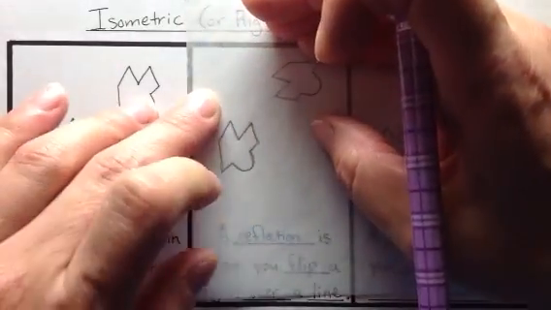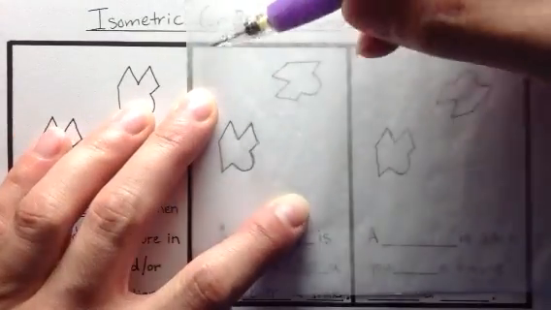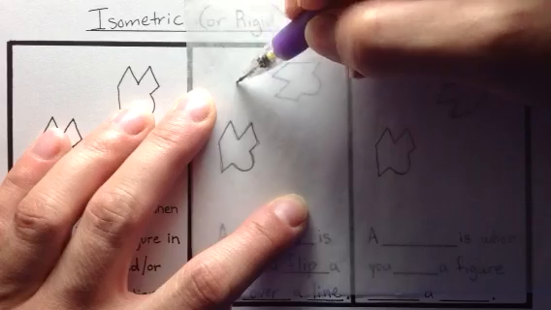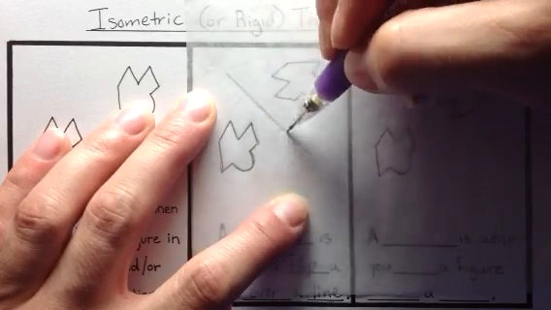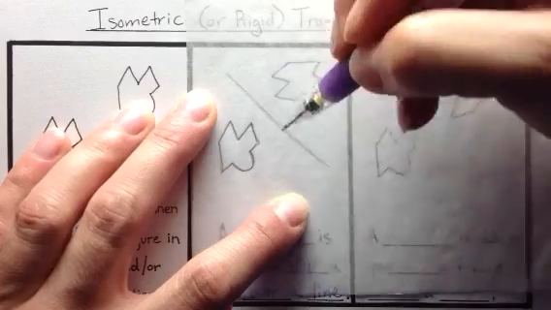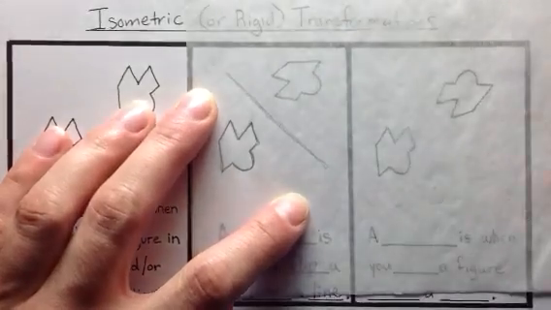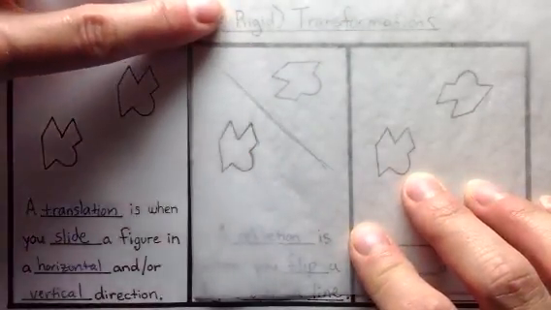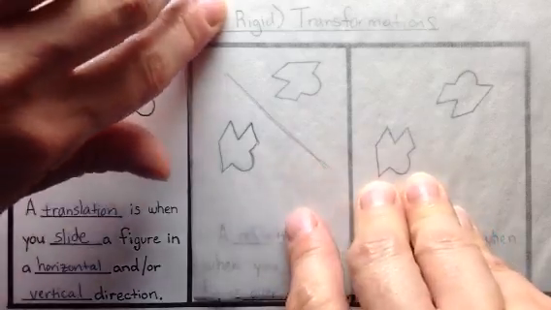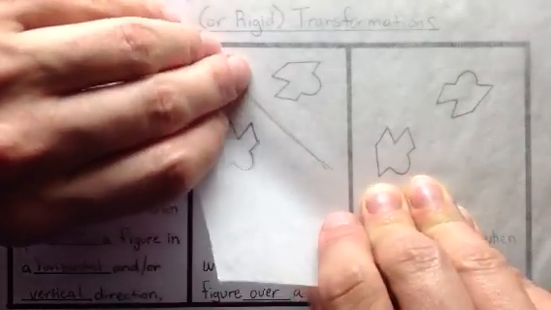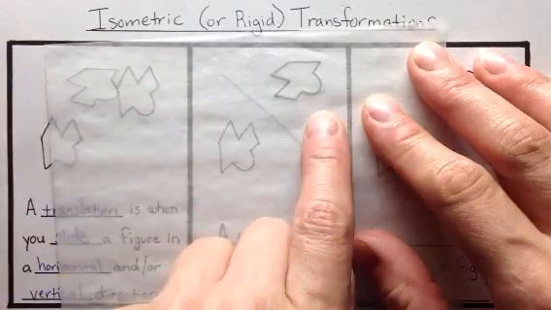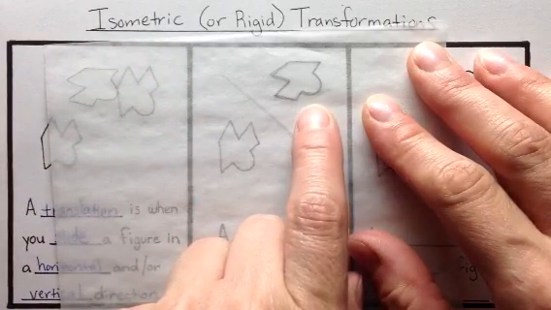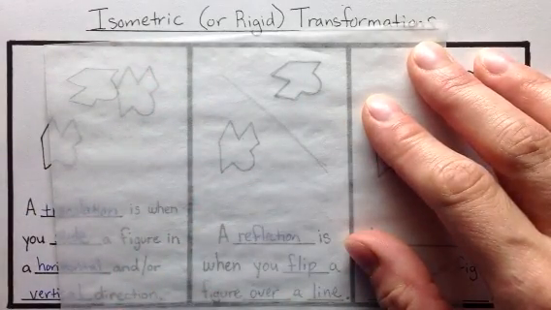So if it is a reflection, the line will be equidistant between them, and the shape will be perpendicular when you flip it over that line. Think of it as being at a 90-degree angle. Here's what I mean. So let's say my line is somewhere like there, my line of reflection. Well, if I flip it over that line and it lands on the other one, it's a reflection.